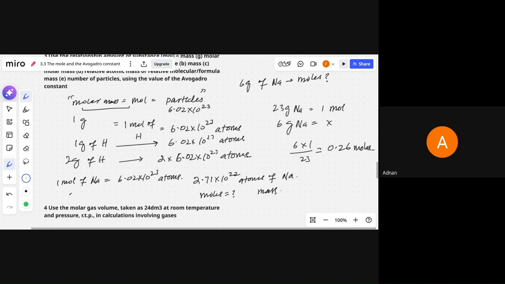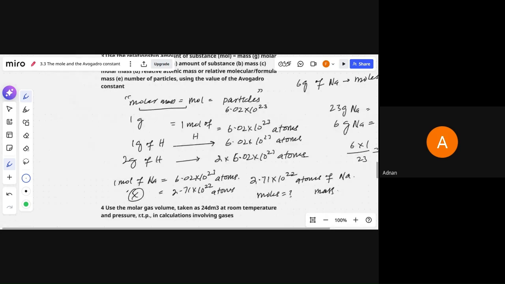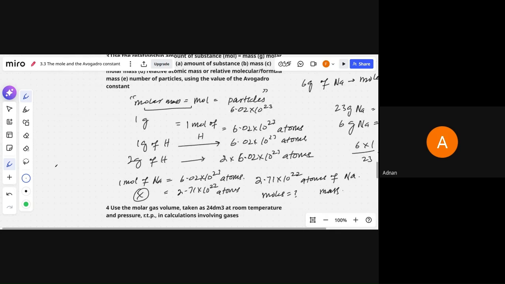So if we have 2.71 times 10 to the 22 atoms, how many moles will there be? You can simply set up this relationship, cross multiply to find the value of X. So this is going to be the given atoms, 2.71 times 10 to the 22, divided by Avogadro's number, 6.02 times 10 to the 23, and this will get you the number of moles of sodium.